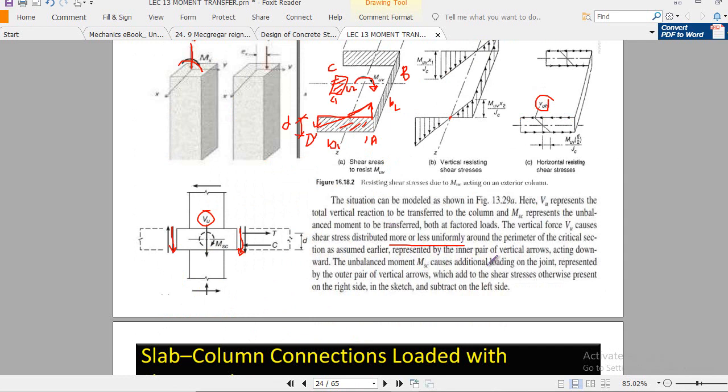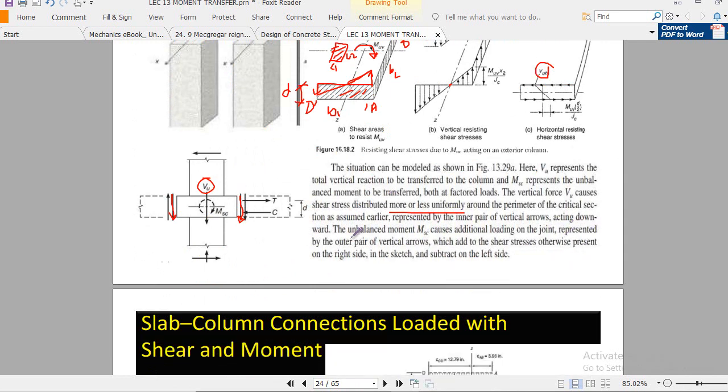But if, let's say, acting down, the unbalanced moment MSC causes additional loading on the joint, because you already know we have unbalanced moment, and it causes additional loading at the joint, represented by the outer pair. You see here, on one side it is acting downward, while on the other side it is acting up.